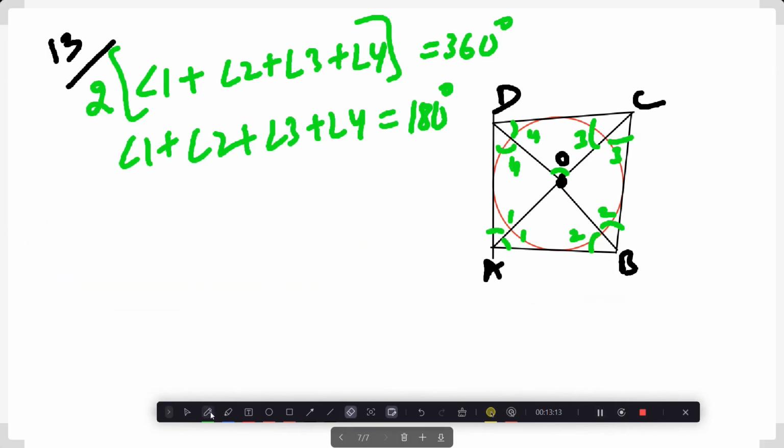Let's again write this. What is angle AOB?